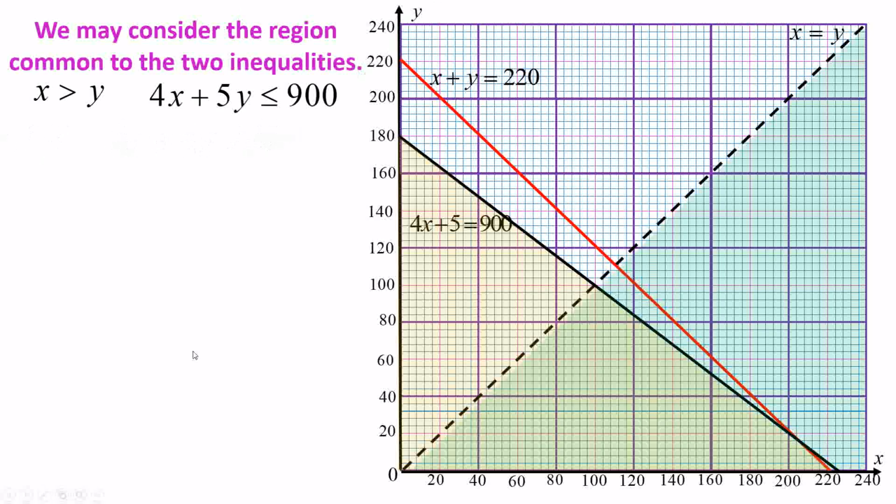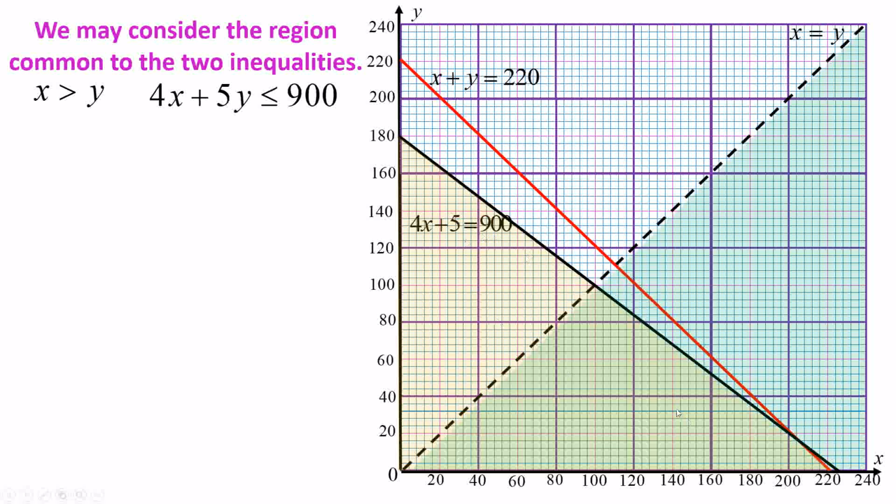We may consider the region common to the two inequalities, and it is clear. We can see that physically. This region, which is actually below the line y is equal to x, and of course the other region, which is below the line 4x plus 5y is equal to 900.